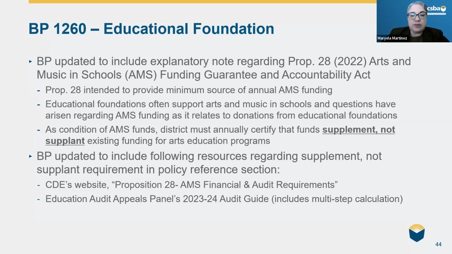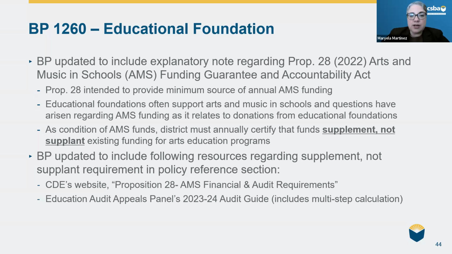And for the purpose of the program, supplement means, just another way of putting it, that the appropriated funds must be used by LEAs to increase funding of arts education programs. So increase the funding, that is key.